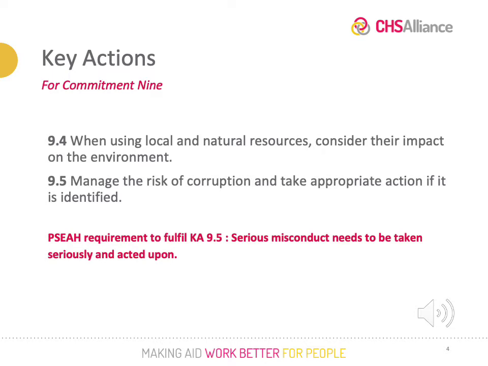Also, there need to be specific procedures for allegations of corruption. There is also a PSEAH requirement to fulfill this indicator. Serious misconduct needs to be taken seriously and acted upon during a verification process. Lastly, the organizational culture is very important to demonstrate compliance.